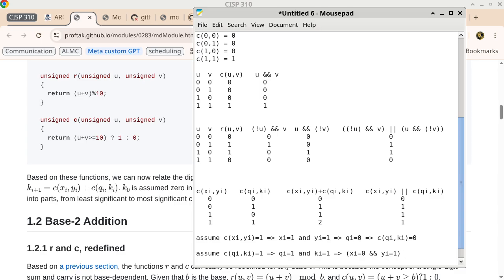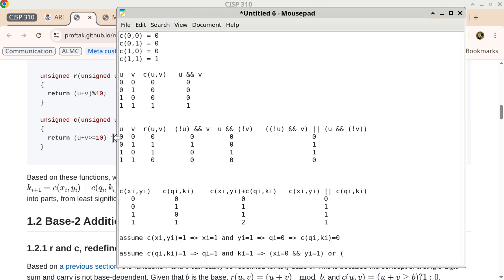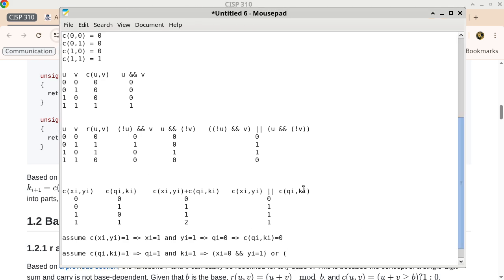We also can conclude that for R of Xi, Yi to be a 1, Xi is a 1 and Yi is a 0. Does that follow the definitions and the truth tables that we have talked about so far? I hope so, because this is based on really just all the definitions that we have talked about.